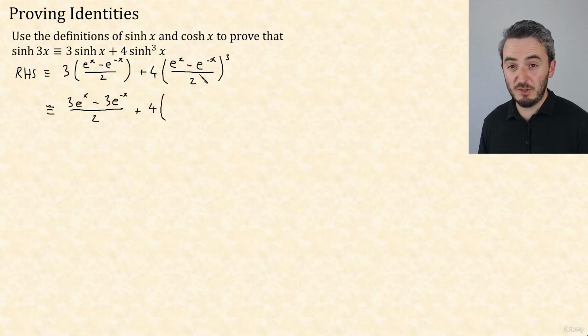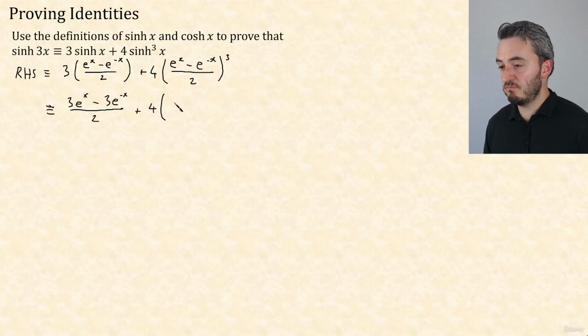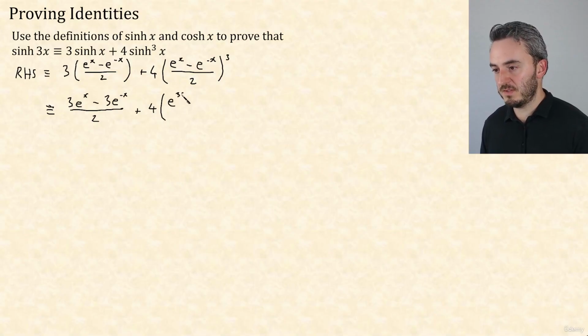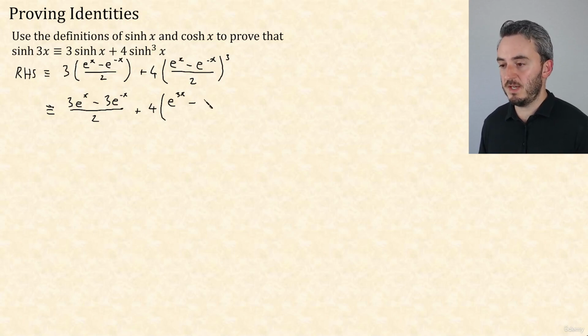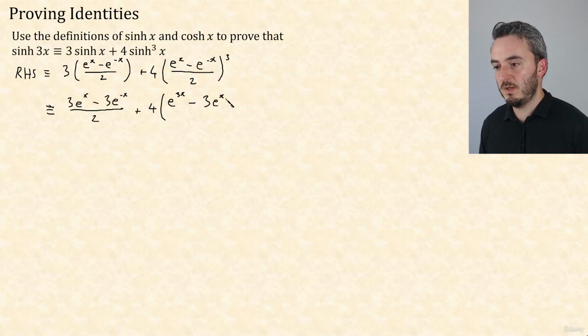Okay, basically doing a bit of binomial expansion now in our heads. If we can't, just write out the brackets and do this really carefully. I've got e to the x cubed, so that's e to the 3x. Then I've got minus 3 times this one squared times this one not squared. So that's e to the 2x times e to the minus x, which is e to the x. So 3e to the x.